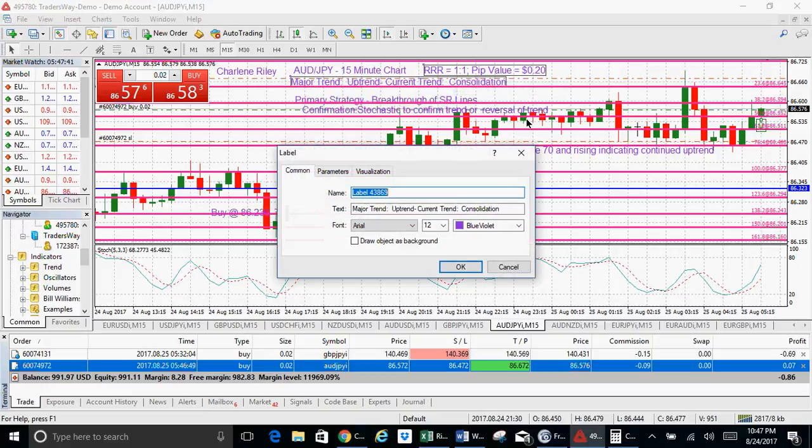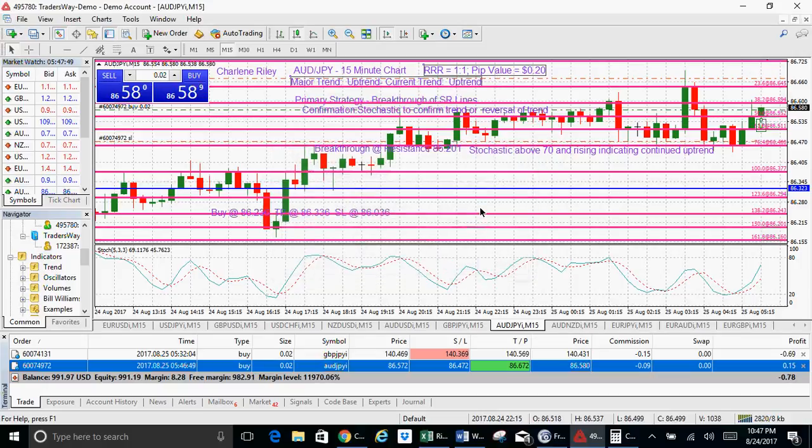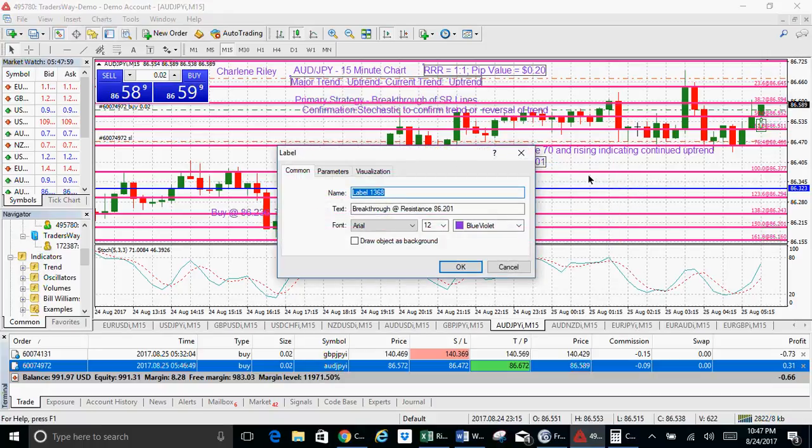The current trend is an uptrend. We had a breakthrough at resistance 86.552.